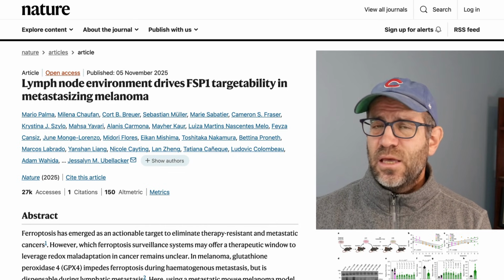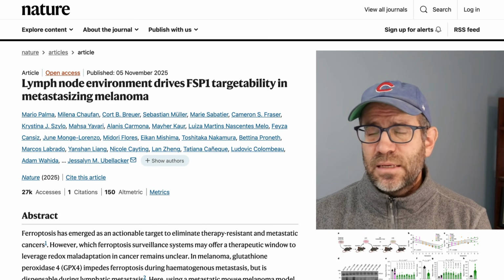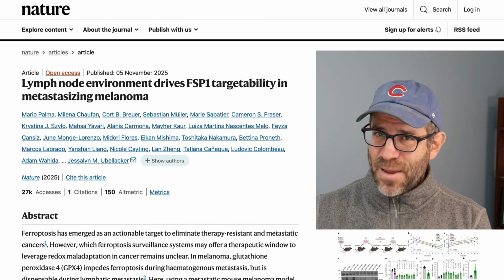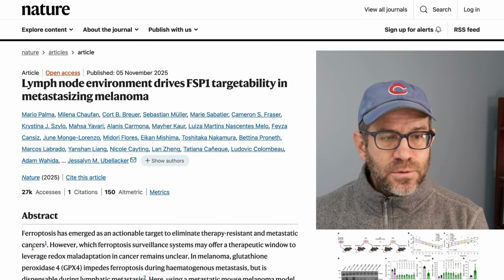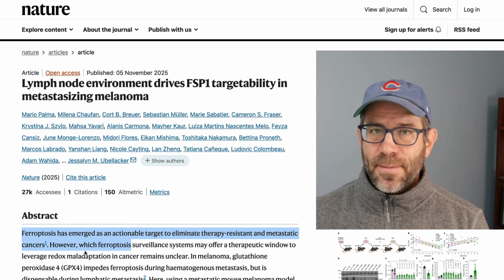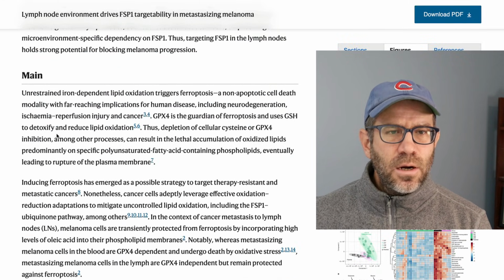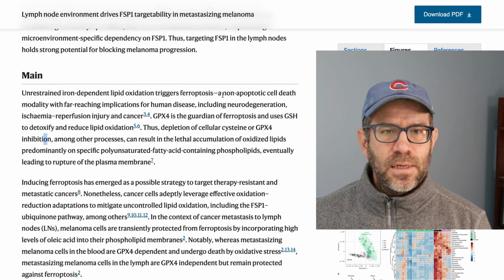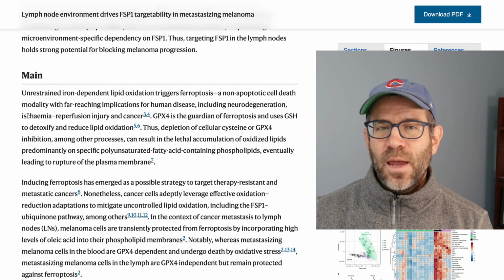Cancer is obviously a huge problem. Melanoma, being skin cancer, is also a huge problem. Cancer is clearly bad. They talk about ferroptosis in the opening sentence of the abstract, as I mentioned, and down here, they talk about what is ferroptosis, right? And so ferroptosis is a non-apoptotic cell death modality, right?